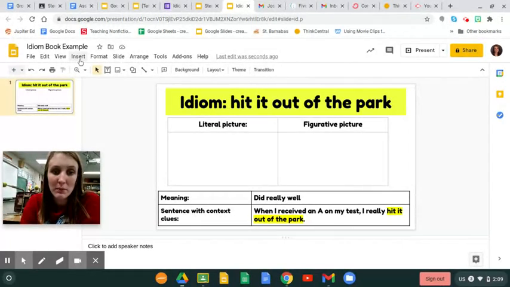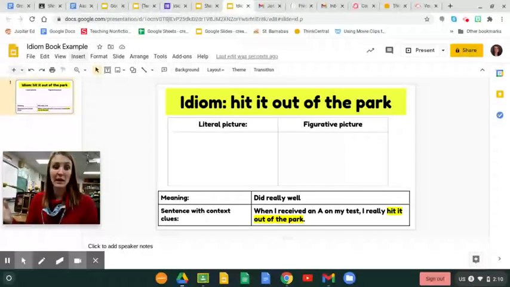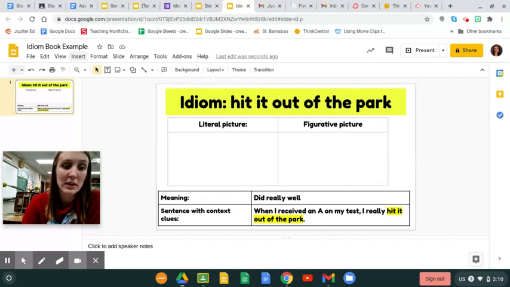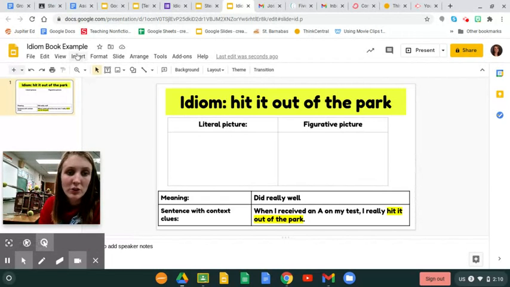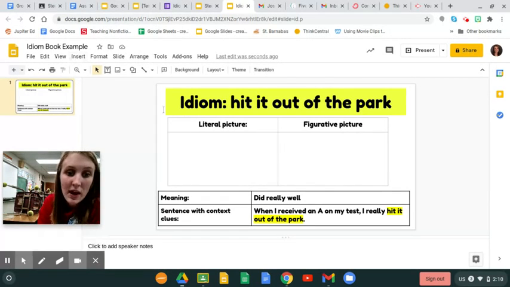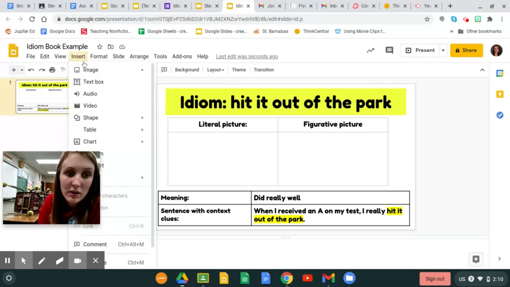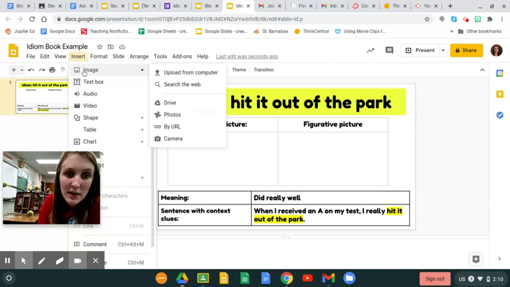And so what I'm going to do is I'm going to have a literal picture of a baseball being hit out of the park. So I'm going to insert, you're going to insert a picture here by pressing insert image.